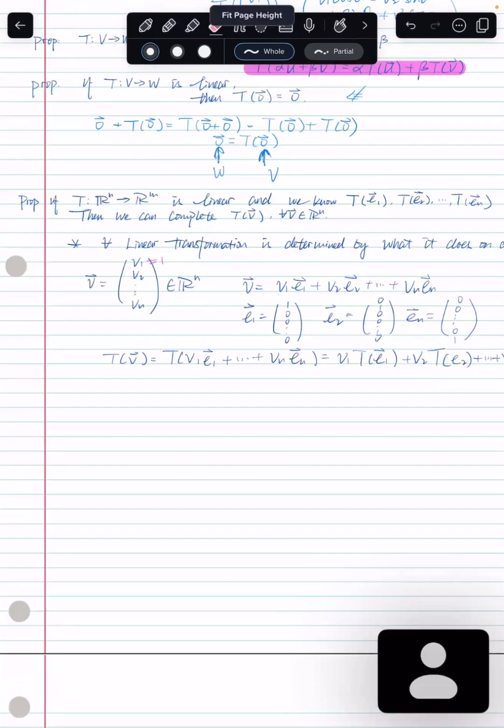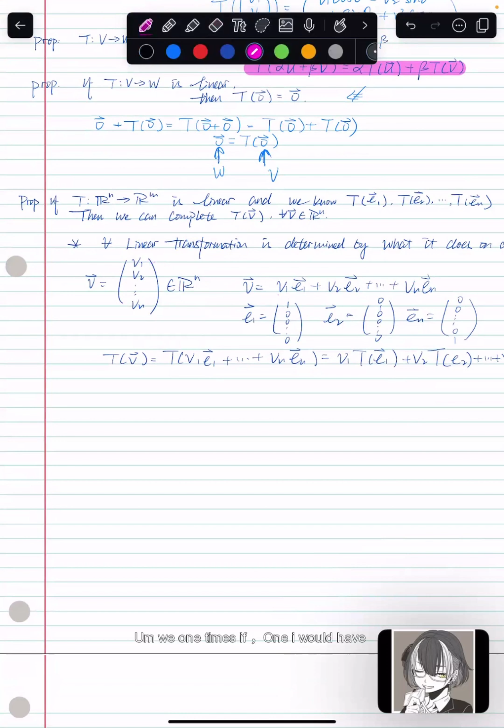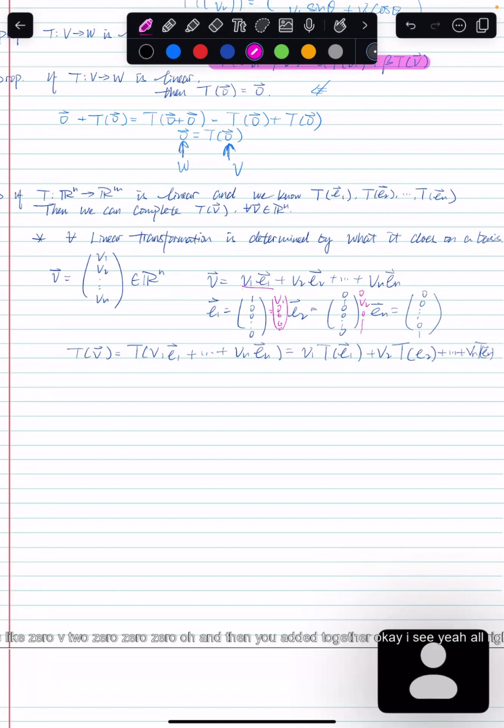Right, after multiplication, for example, V1 times E1, I would have V1 0 0 here. And E2 is like 0 V2 0 0, and then you add it together. Okay, I see. Okay, never mind.